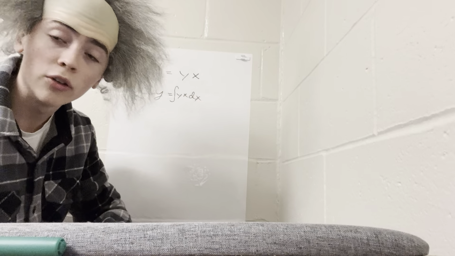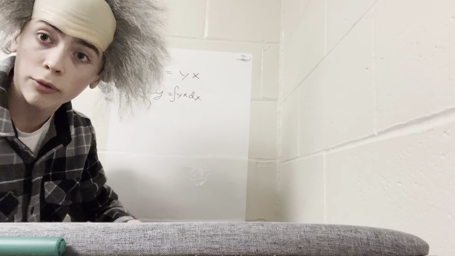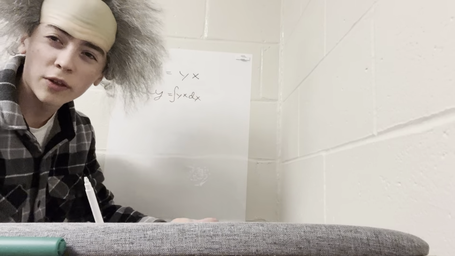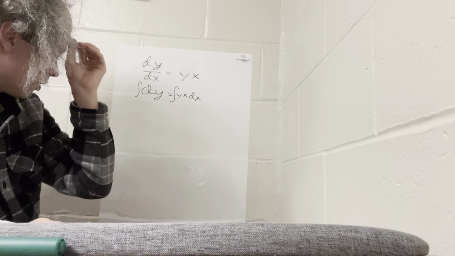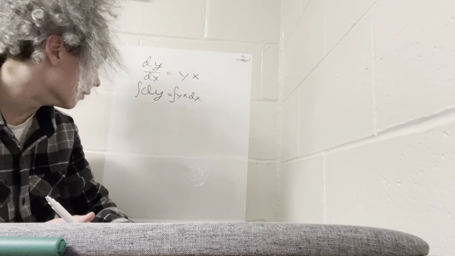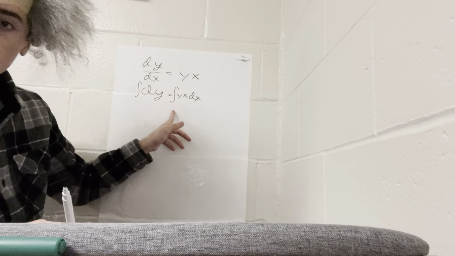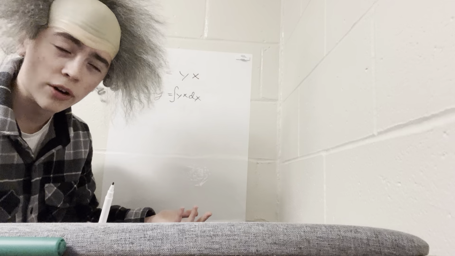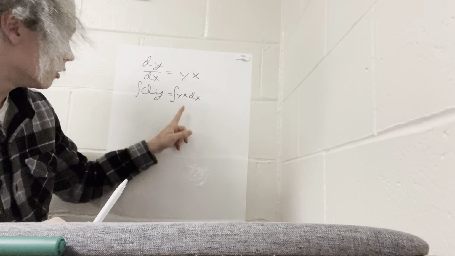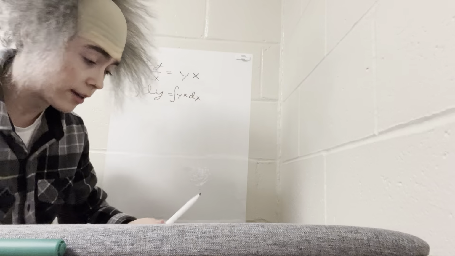Once you get to multivariable calculus or vector calc 3, you can learn how to deal with this with double integrals and far more advanced techniques than what we're learning right now in introductory calculus. Long story short, we can't do this. We cannot integrate two continuous changing variables with respect to only one.